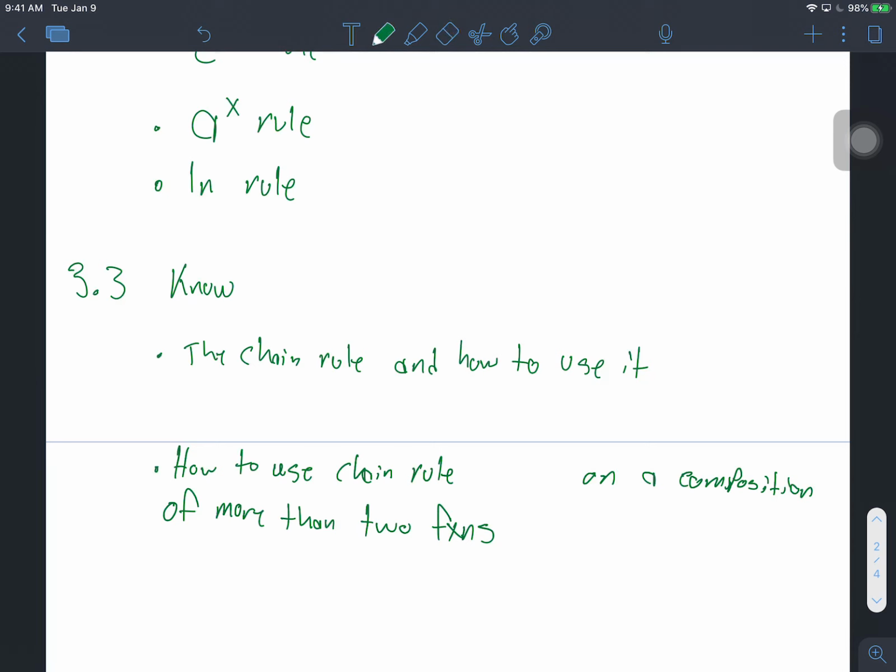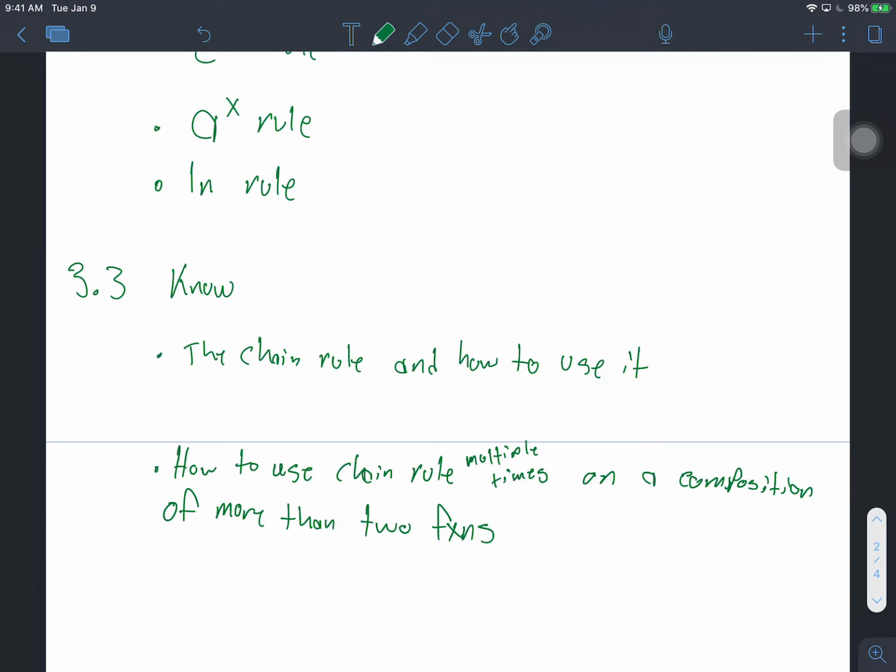So we might have to use it 3 times on a composition of 4 functions. So multiple times on a composition of more than 2 functions. Yeah, that's what you should know from that chapter.